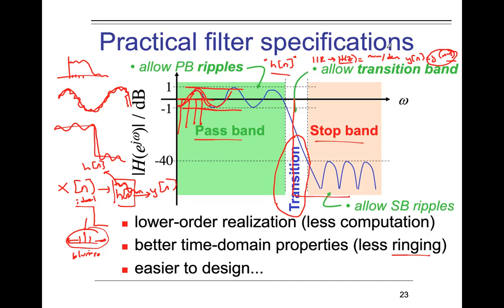Arkadaşlar, the critical point here is this transition band is also very important for us. It may be long or short. Sharpness of the filter. Do you remember this in circuit theory? How do we increase the sharpness of the filter? Quality factor. How do you increase the quality factor? Decrease the bandwidth.